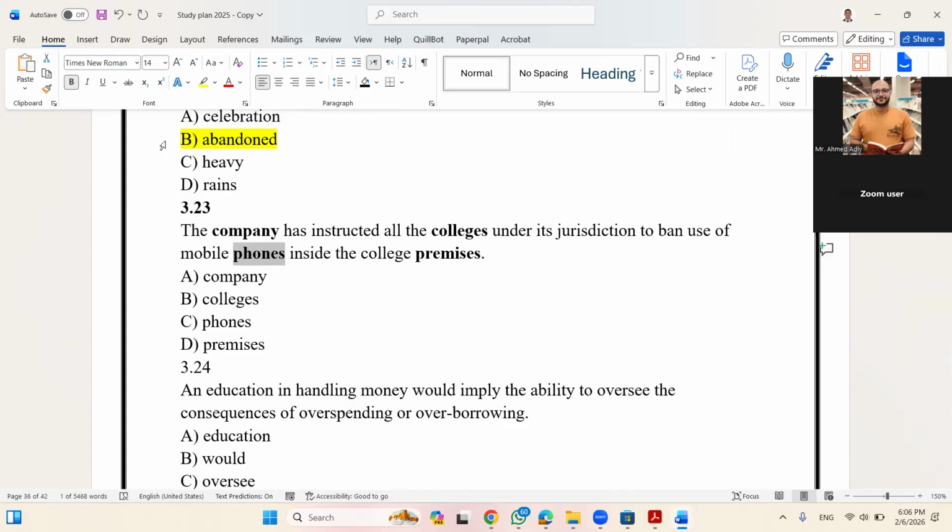If you can replace it, good. What is it about? It's about colleges that want to ban phone usage. So the company has instructed all the colleges under their jurisdiction to ban use of mobile phones inside the college premises.